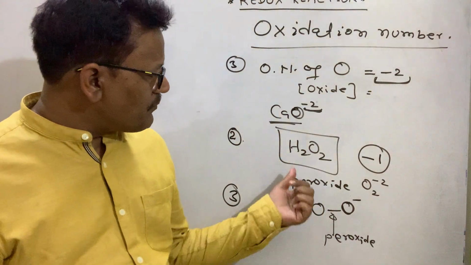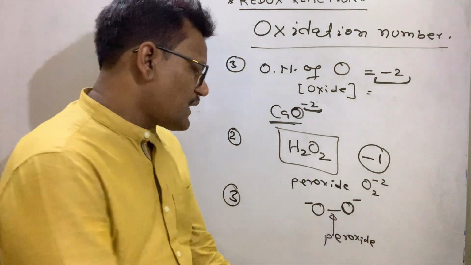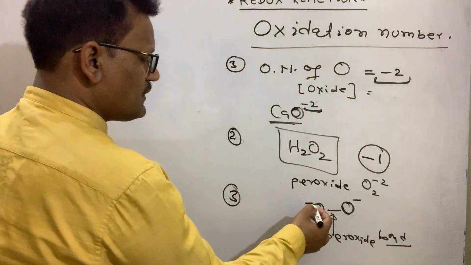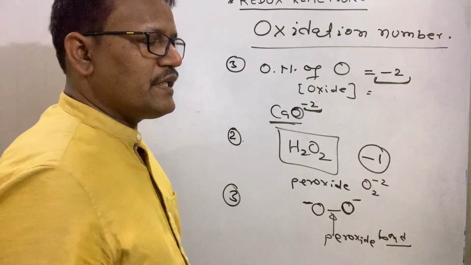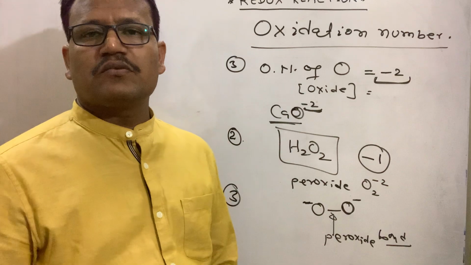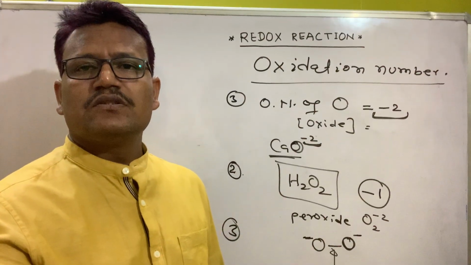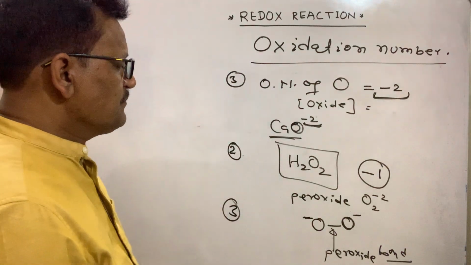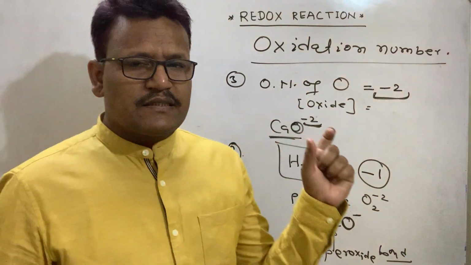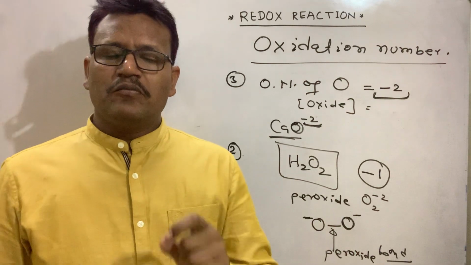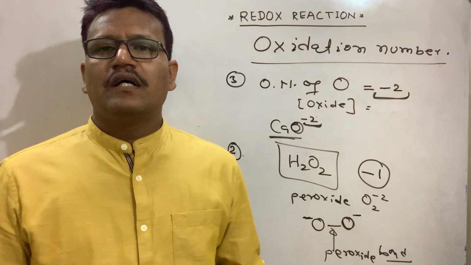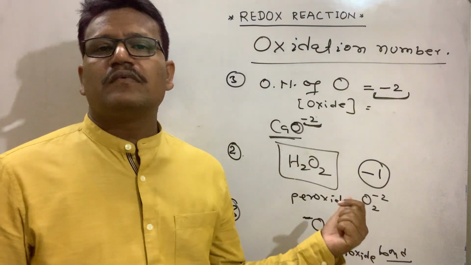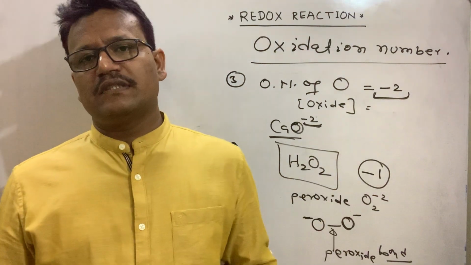So in case of peroxide, we have a peroxide bond, and the oxidation state of each oxygen atom will be -1. Most of the cases oxygen will have -2 oxidation state, and in case of peroxide it will have -1 oxidation number.